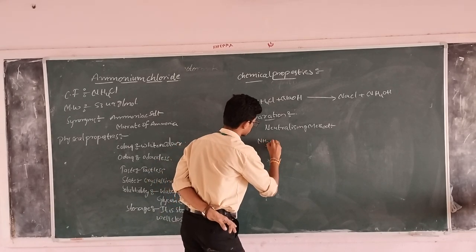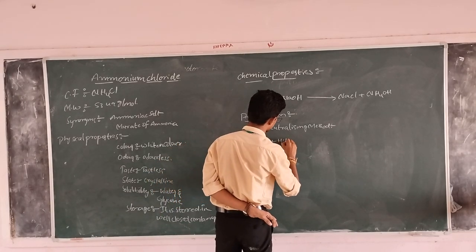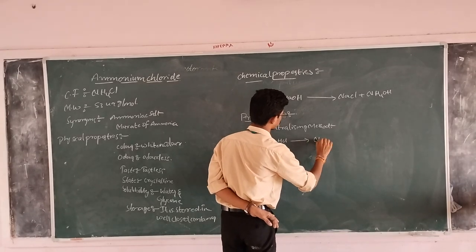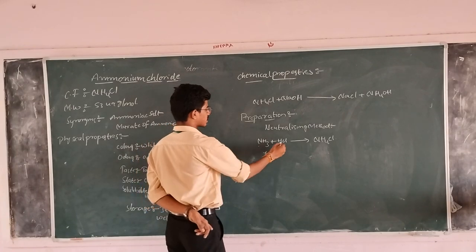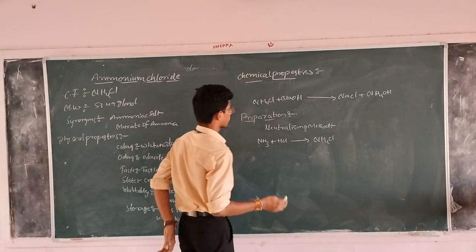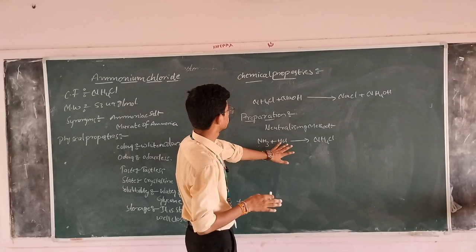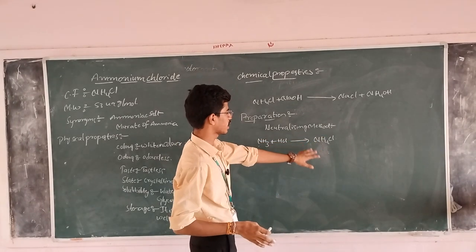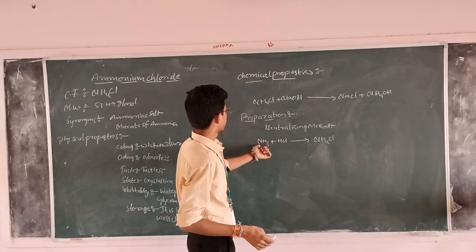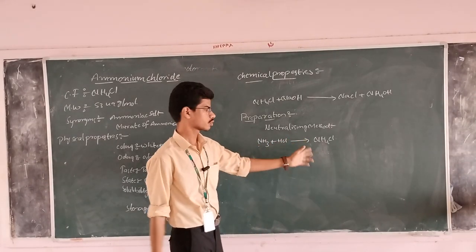NH3 plus HCl, hydrochloric acid, gives rise to ammonium chloride. It is a base and an acid giving rise to a salt. By the principle, acid plus base gives salt plus water, and the water is evaporated and the ammonium salt is collected.